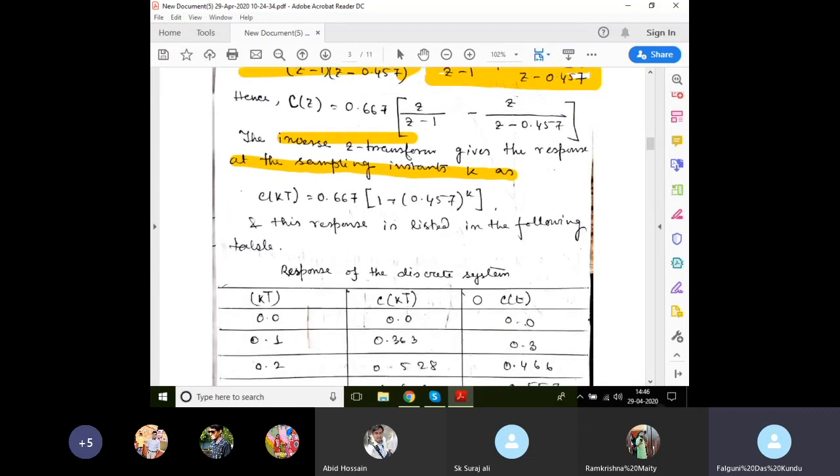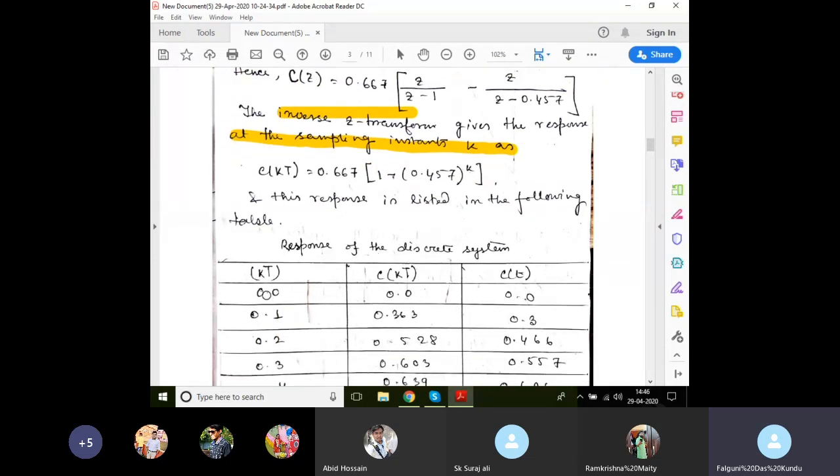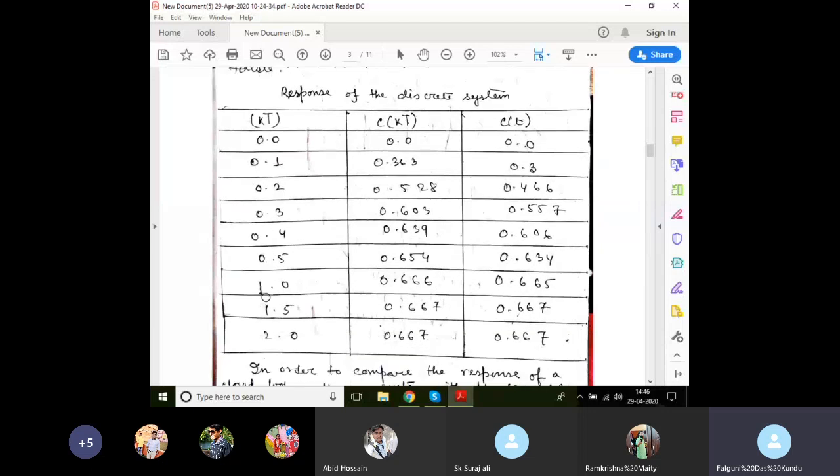For this response, if we put the values of kT equal to 0.0, 0.1, 0.2, 0.3, 0.4, 0.5, and so on, correspondingly we get the values of C(kT) and C(t).